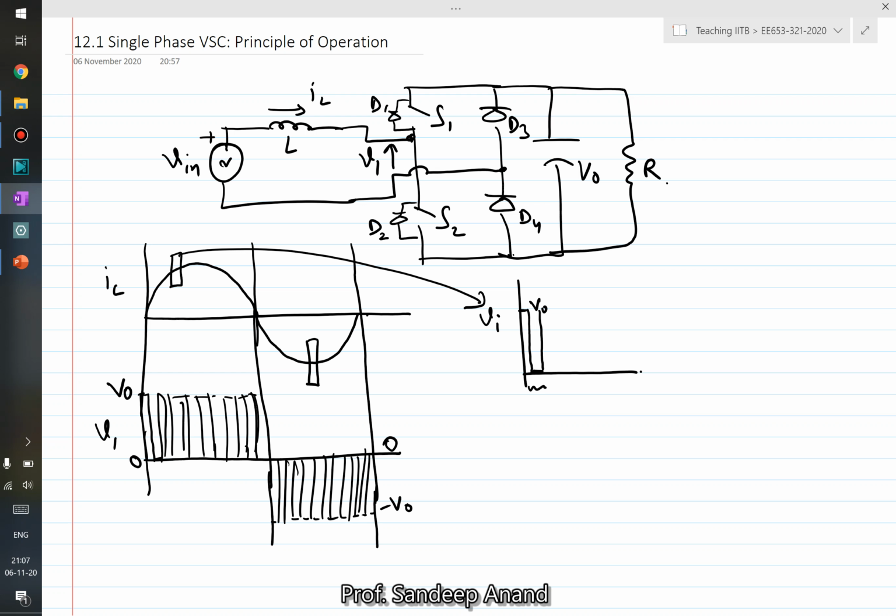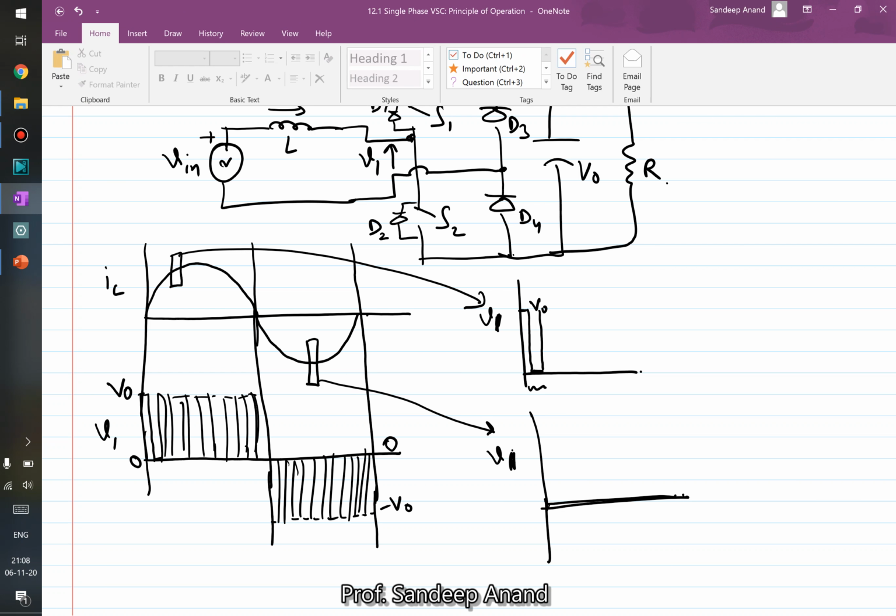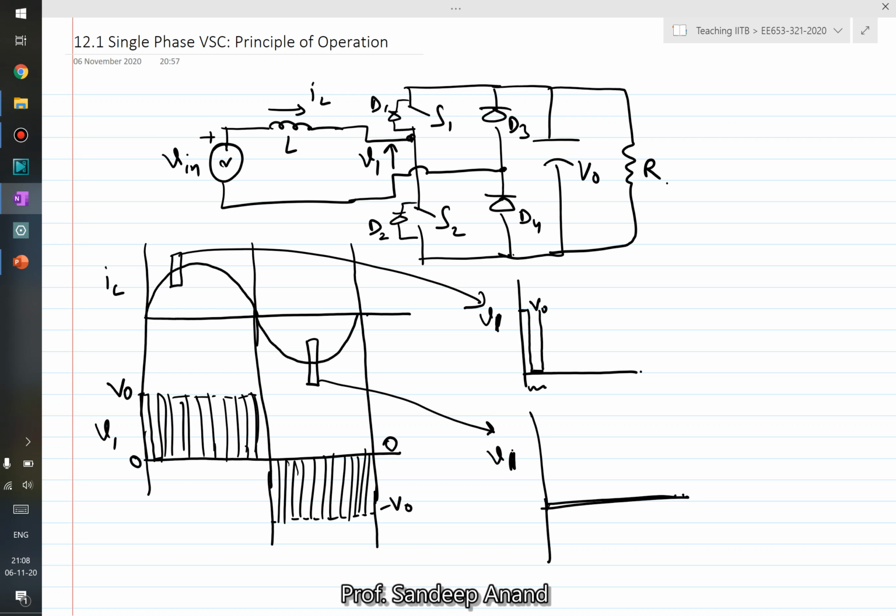So how does V1 look like? Now your current polarity is opposite, so current is flowing in this direction, and therefore if none of the switches are operating, D2 and D3 will conduct and V1 will be equal to minus VO.